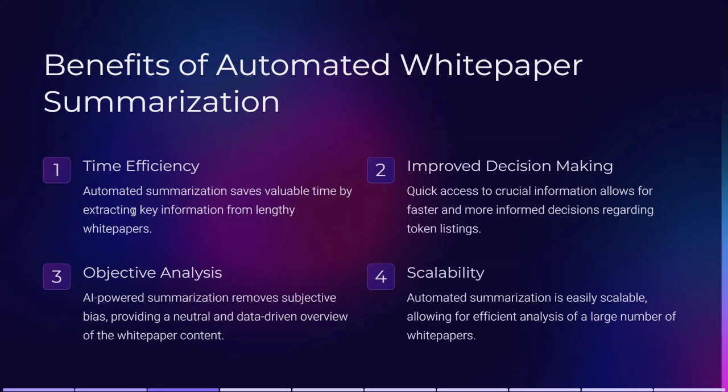Of course, everyone would wish to have their projects listed on an exchange platform in order to garner even more revenue and more people investing in the project itself. So it would be great to have this scalability benefit, so that we can scale this AI model onto many other white papers that are about to come.